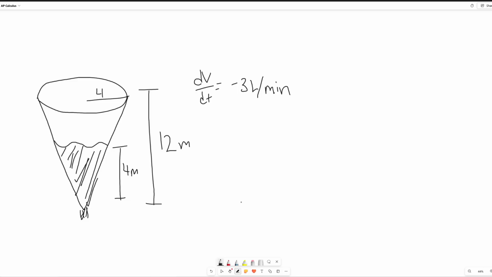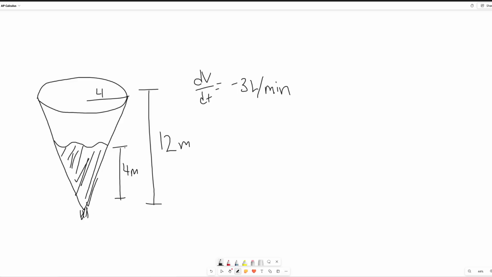The height and radius in a cone are proportional. This is information that you must know for the test. So, the height here is 12, the radius is 4. That means the height here at 4, the radius is going to be 4 over 3.